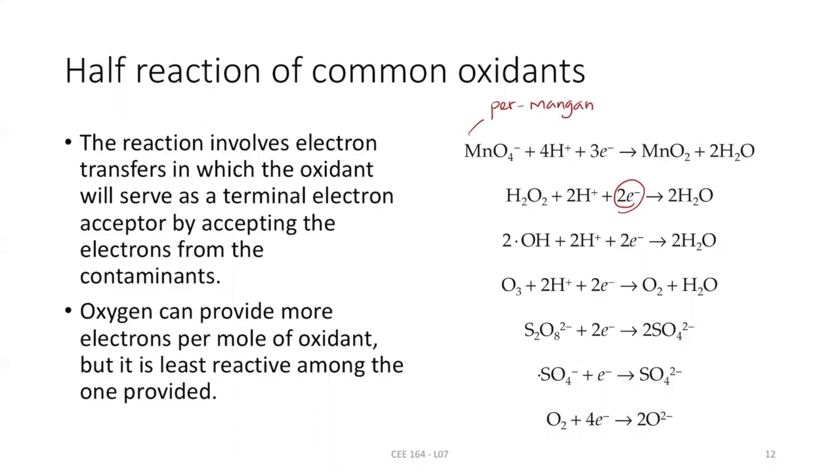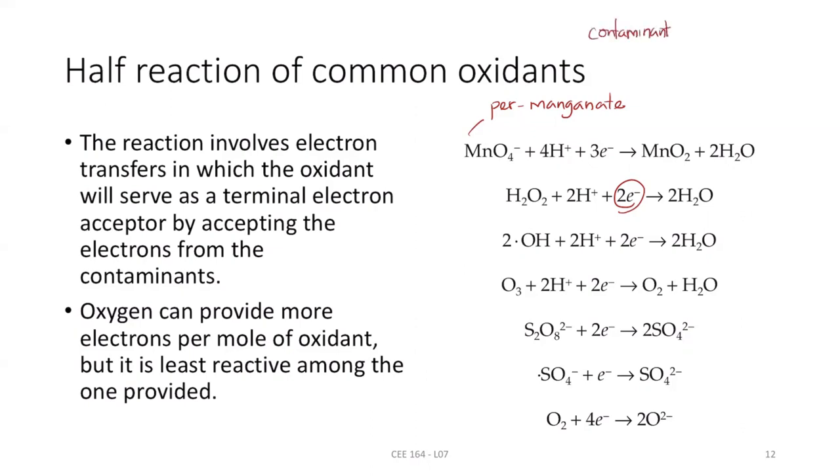So that's permanganate. Yes, you are looking for redox potential, but think of 1 mole of permanganate will take 3 electrons. That means it's basically how many electrons it can receive. Assuming it is thermodynamically possible, it can oxidize three. Let's say there is a contaminant. So this is a contaminant.